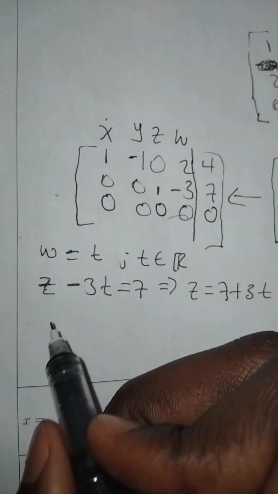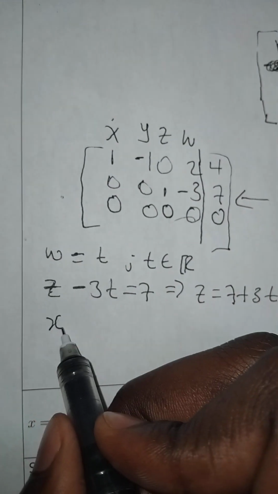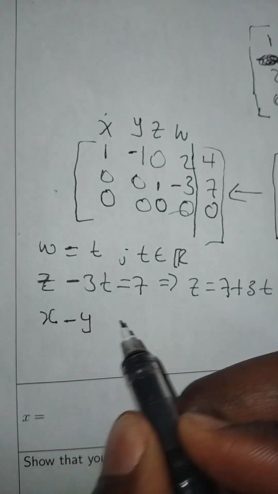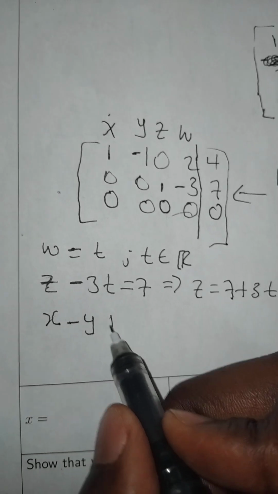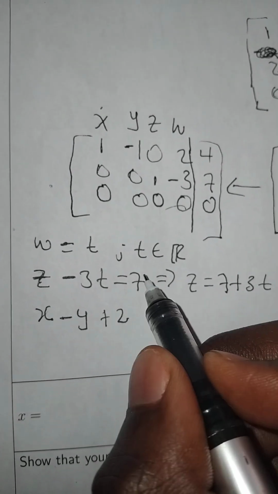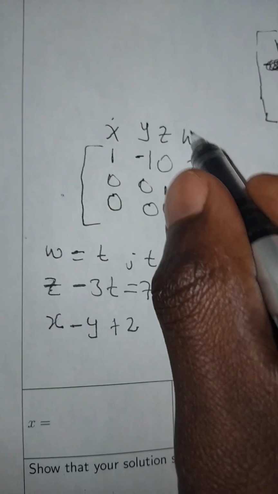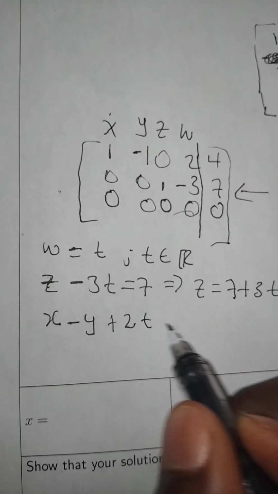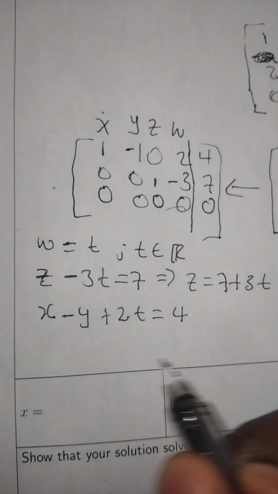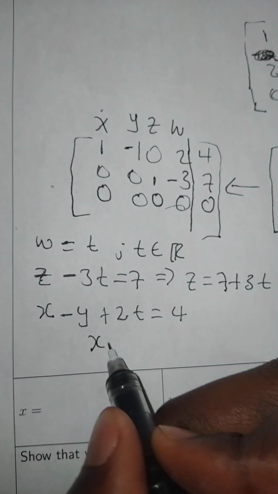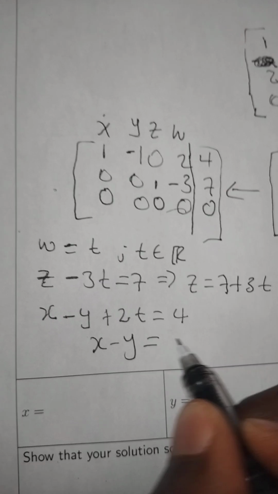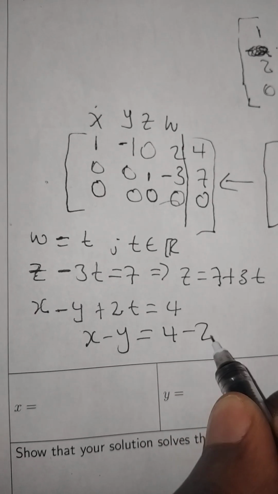Okay, then we're gonna go to this first row. On the first row, we see that we're gonna have x minus y, then z by 0 goes away, then plus 2w, but w is t, so I'm just going to say 2t must be equal to 4. So if we take this to the other side, we're going to have x minus y equals 4 minus 2t.